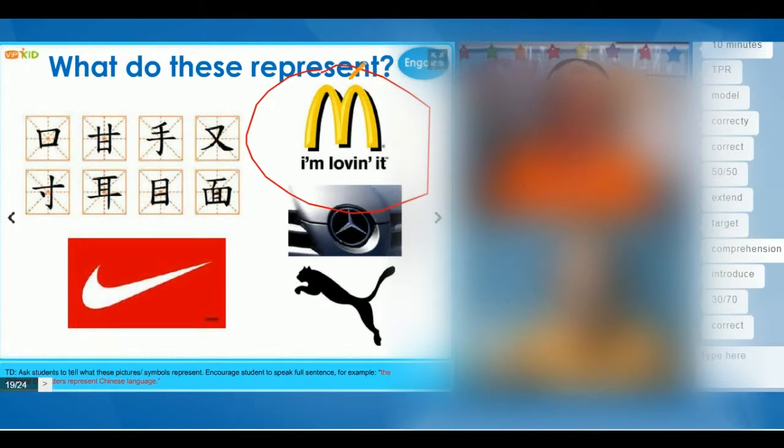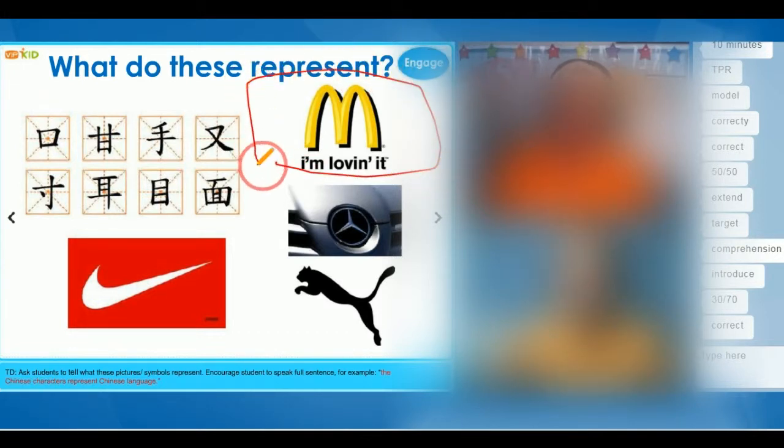Yes, this represents hamburgers. This yellow M represents hamburgers. Do you like hamburgers? I like.